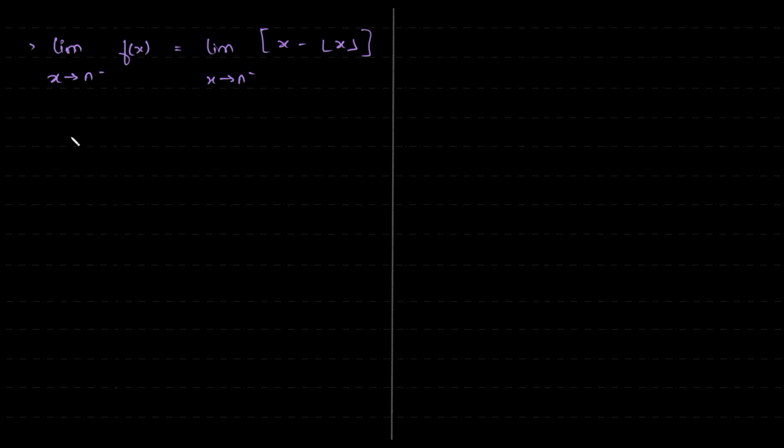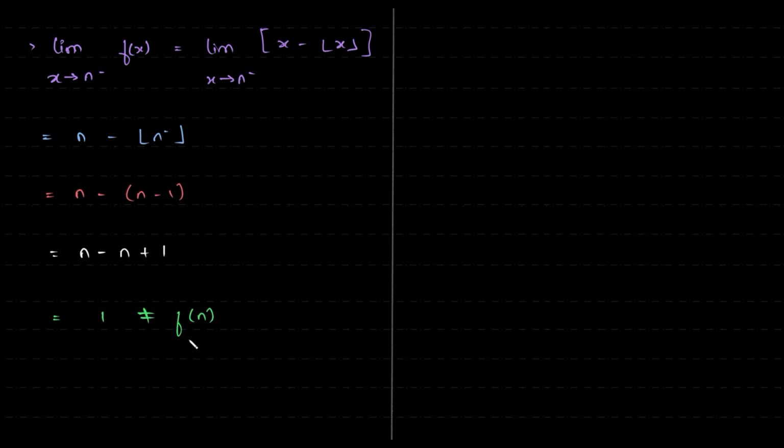On applying the limit, I'll get n minus floor of n from the left hand side. The floor of n from the left hand side will be n minus 1. So this will result in n minus n plus 1, and overall this is equal to 1, which is not the same as f of n.